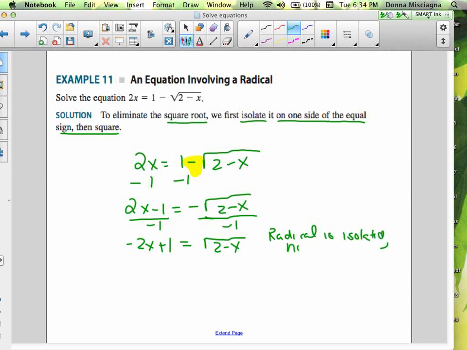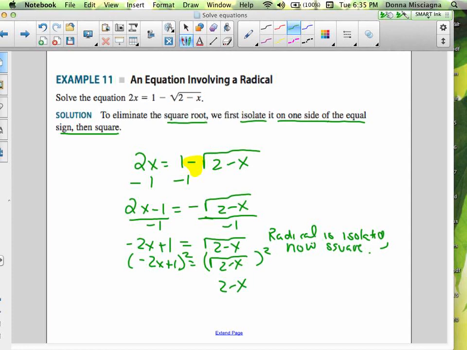Now we can square. So that's going to give us negative 2x plus 1, squared, equals the square root of 2 minus x squared. The square and square root will cancel. This is just 2 minus x.